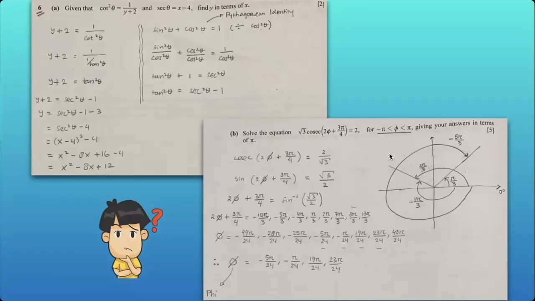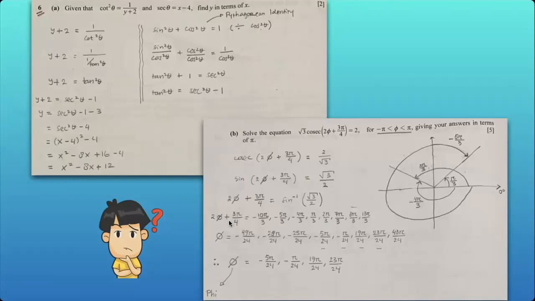Remember, we want to fulfill this condition. So we just list all the possible angles first, that we think will in the end fit this condition. And then we subtract 3π/4 from both sides.